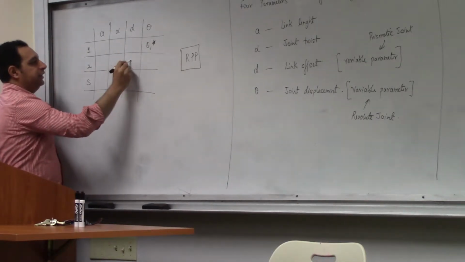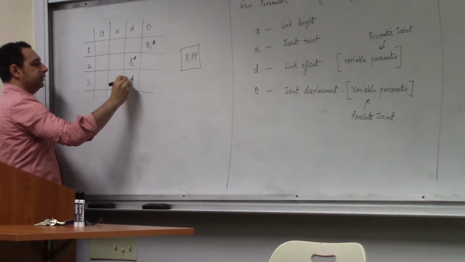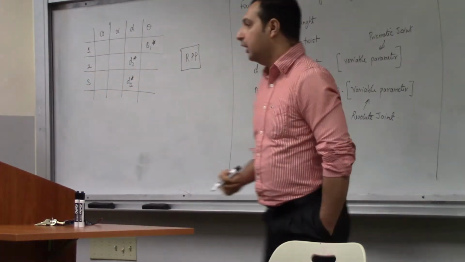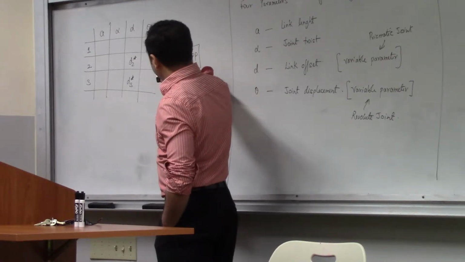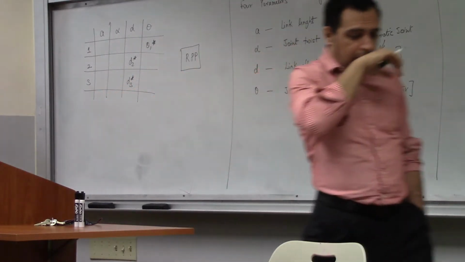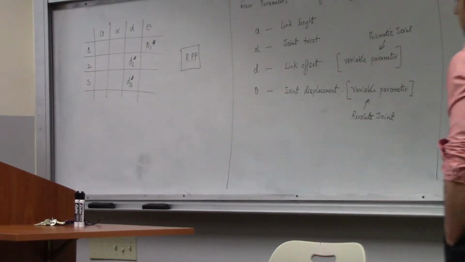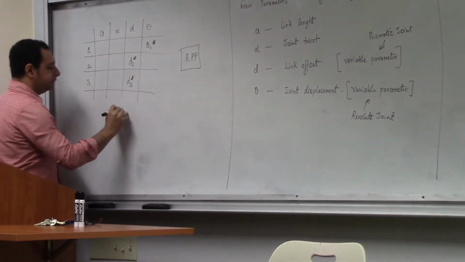P means d2 is variable, and d3 is variable, because these are prismatic joints. Everything else will be a constant. If it was RRR, theta 1, theta 2, theta 3 are variable joints. Anything that is variable we represent by an asterisk, to say that these are variable parameters.